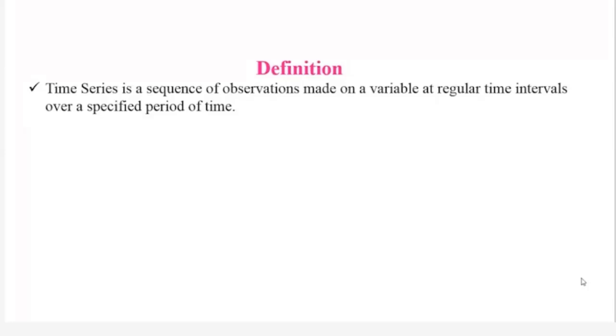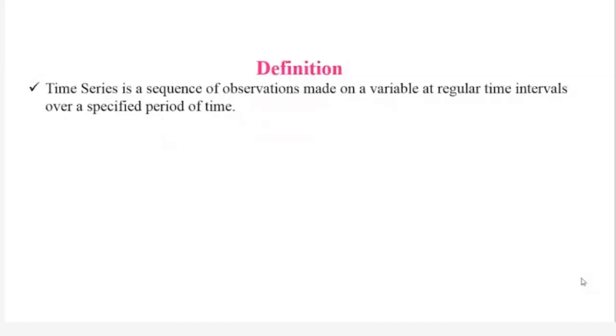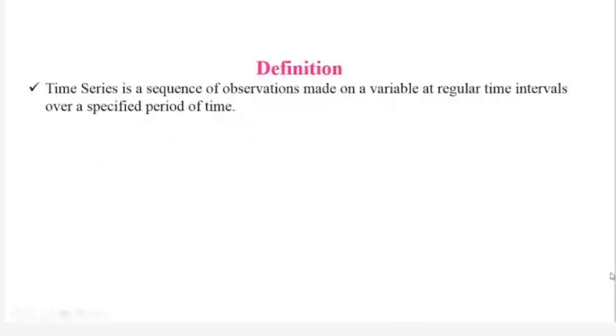It's not one, it is a sequence of observations. For example, rainfall. What was the rainfall in the first year, the second year, third year, and so on? They will have data of at least 7-8 years, and then you have to analyze it.